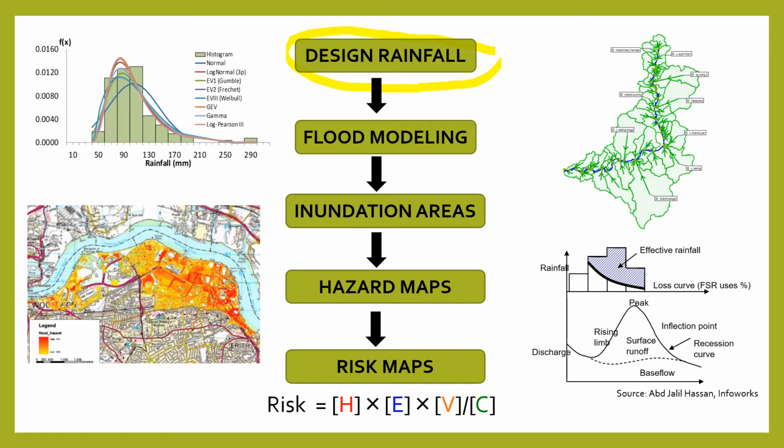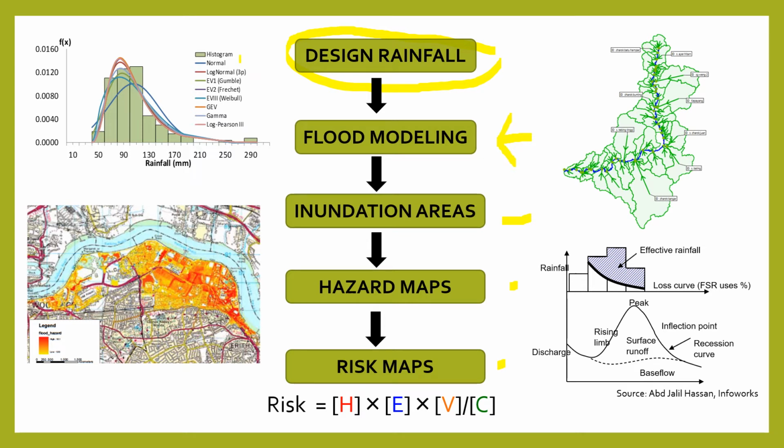Just like yesterday, somebody presented on hydrological and hydraulic modeling. So flood modeling consists of hydrology and hydraulic modeling. And then from there we can get some inundation areas, and then hazard maps, followed by risk map.